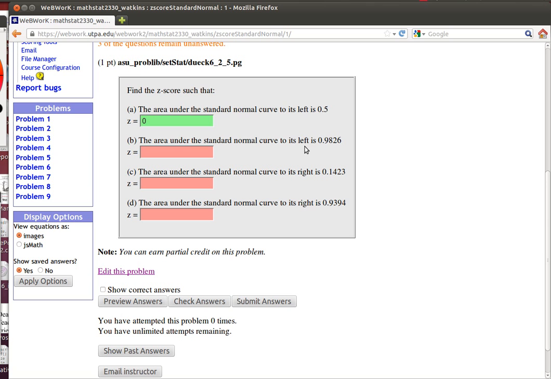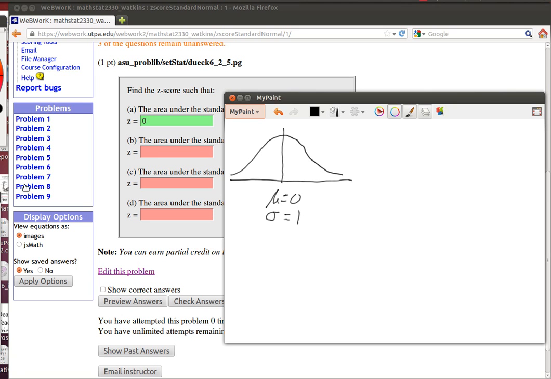The area to its left is 0.9826. Okay, that's almost all of the area. So it's going to be way up here somewhere, because this area is supposed to be 0.9826.